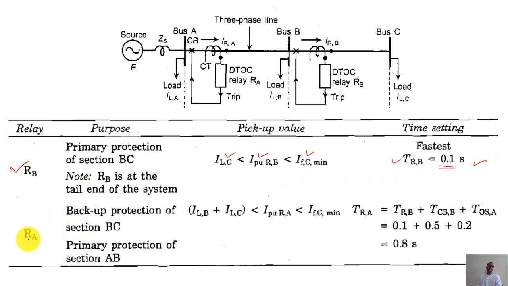Then how will we set relay A? This will provide the backup protection to section B and primary protection to section AB.